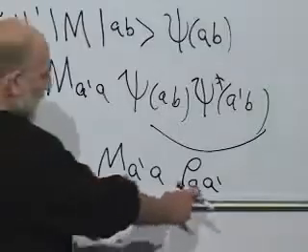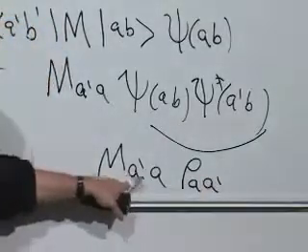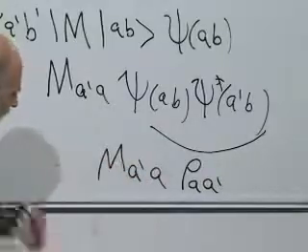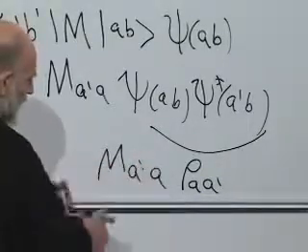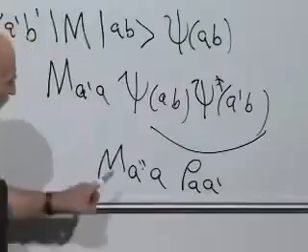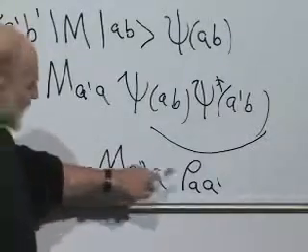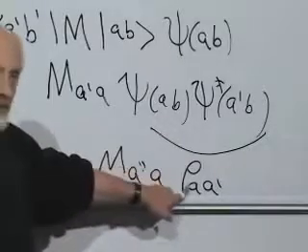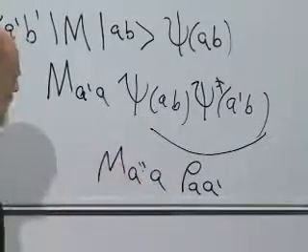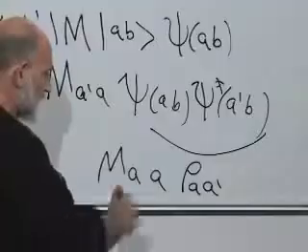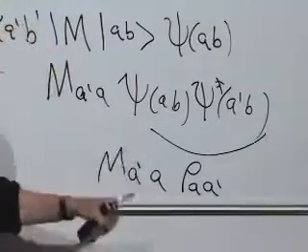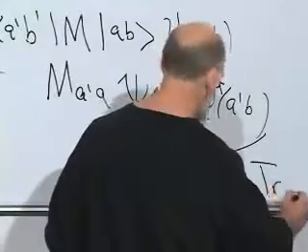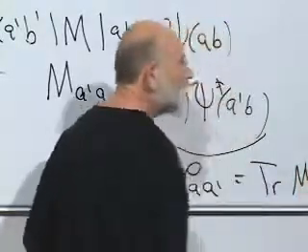It's the trace because I'm summing over A prime, but it's the product because I'm summing over A. This is the formula if I had arbitrary things here, let's say A double prime, then this would correspond to the A double prime, A prime matrix element of M times rho. This is the way you multiply matrices in terms of components. This expression is a trace of M times rho. Let's check that.